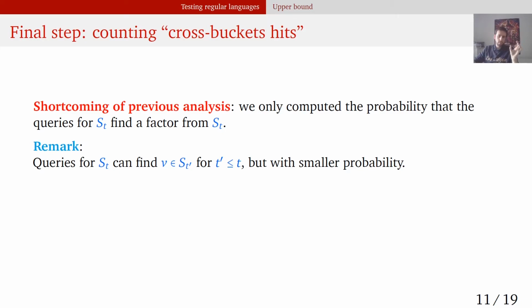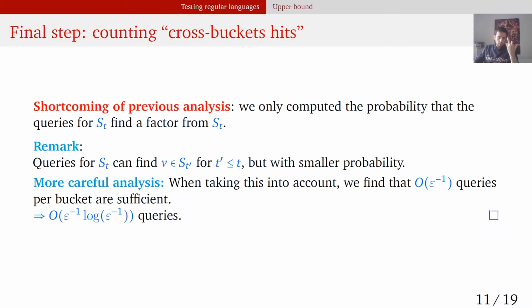But then the probability is smaller. And so if we do an analysis that takes this into account, all things cancel out nicely, and we find that 1 over epsilon queries per bucket are sufficient. So by using the idea of François et al. as well, we get a total of 1 over epsilon times log of 1 over epsilon queries. And this is how our tester works.